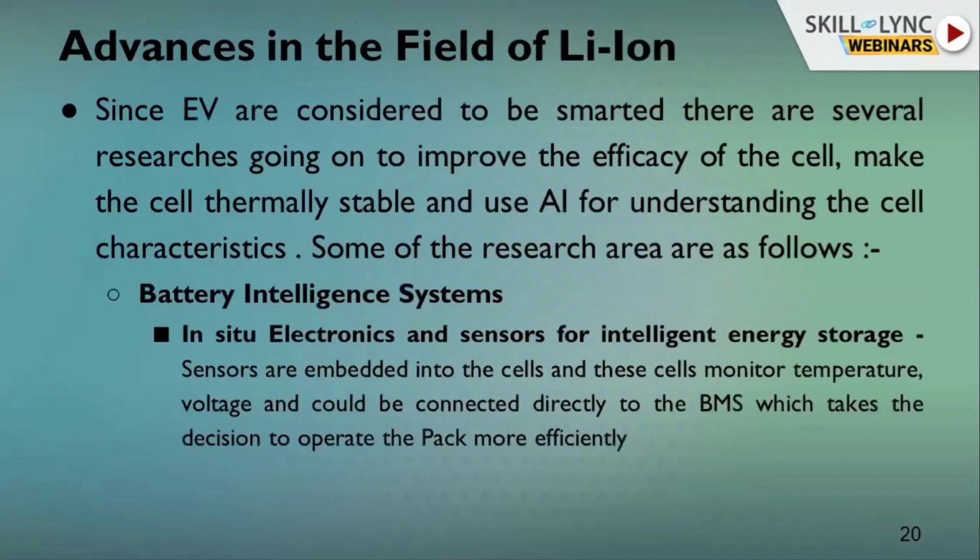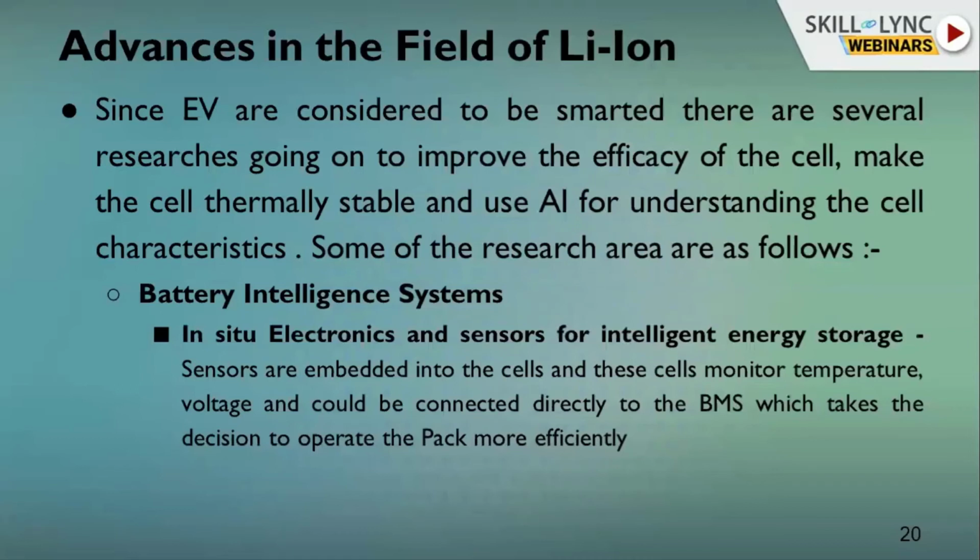What are the advances in the field of lithium ion? People are working on chemistries, on mechanical structures, on cathodes, anodes, electrolytes, etc. What is also really important is electronics and sensors. Earlier, the sensors taken care of by the BMS were placed on the cell body, but there is always a contact problem there.